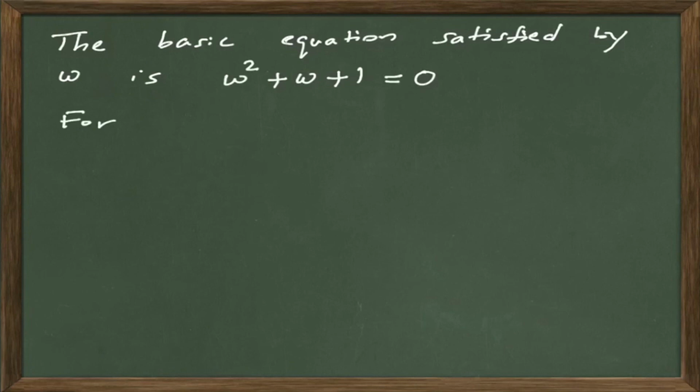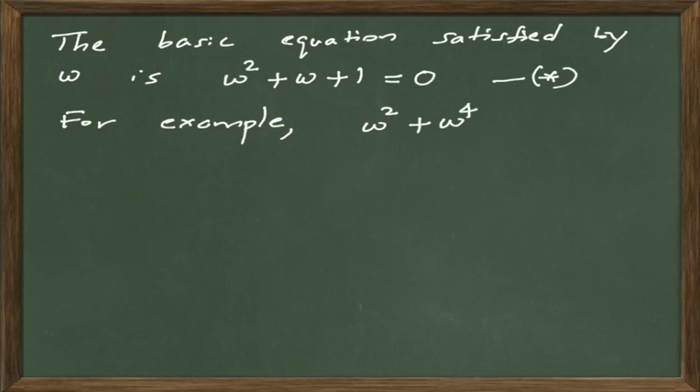For example, if we multiply the term omega of this equation by omega cube, we get omega square plus omega to the power 4 plus 1 equal to 0.